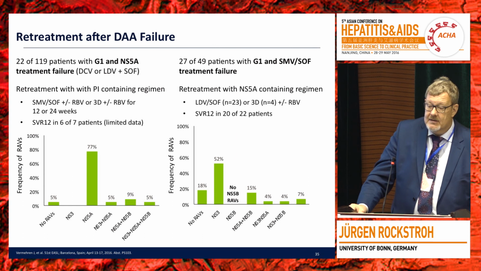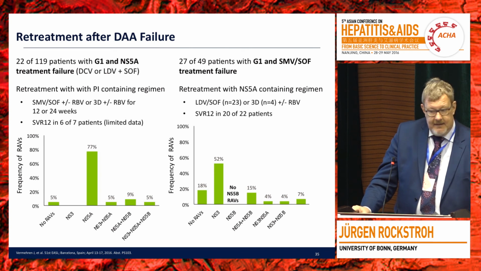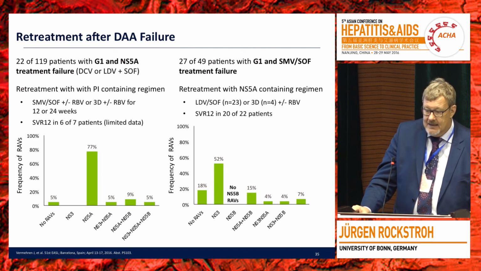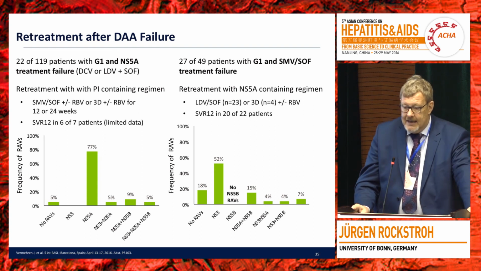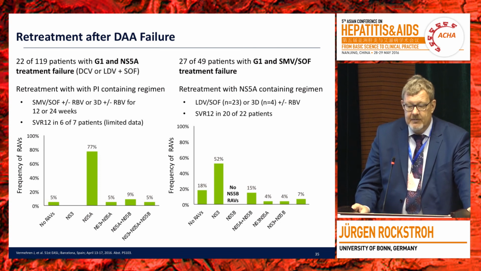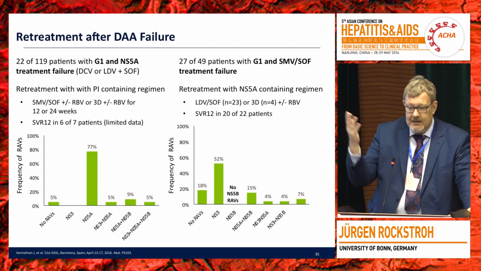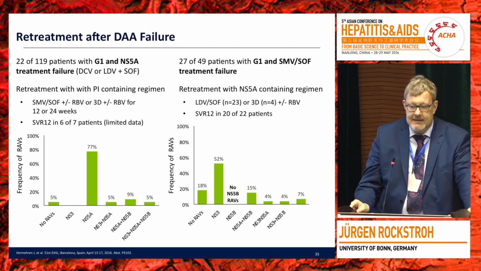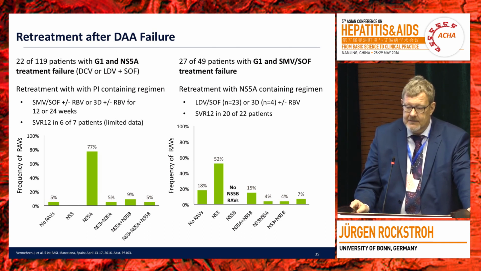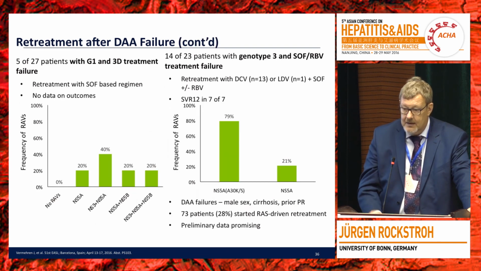They looked at genotype 1 patients who developed failure under simeprevir and sofosbuvir, and there you would predominantly see the NS3 mutation. I would presume most of those patients have a Q80K mutation, and if they retreat those patients with Harvoni, being a different drug class, then obviously that was very successful, with SVR12 in 20 out of 22 patients.